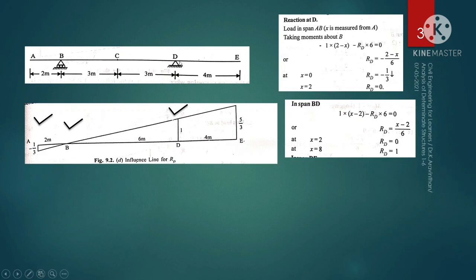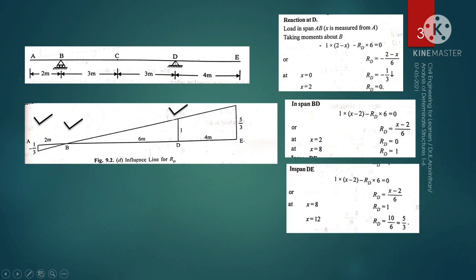Now let us consider the next section, D and E. Place a unit load in this location and the distance will be x. Take the moment at the point B. RD into 6, this will be anti-clockwise, and 1 kilonewton into distance.